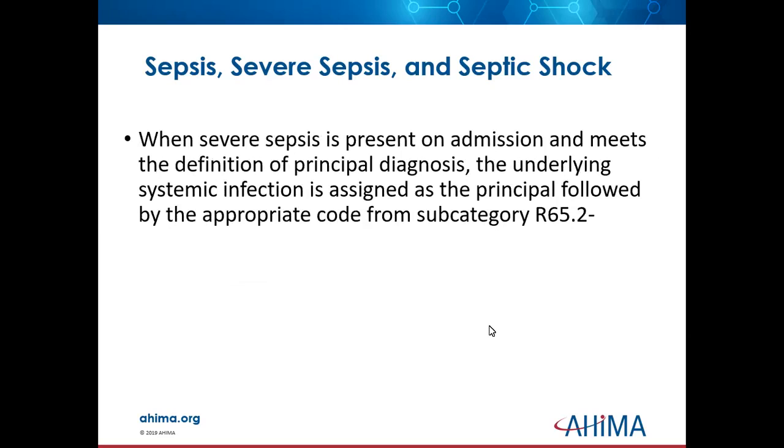When severe sepsis is present on admission and meets the definition of the principal diagnosis, in other words, the reason after study that the patient was admitted, the underlying systemic infection is assigned as the principal. Then we would have the R65.2 code.